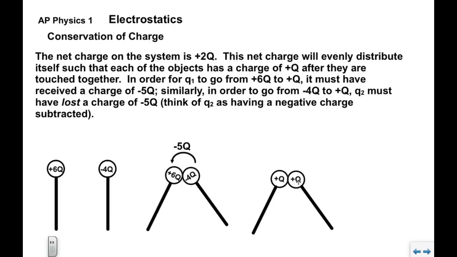So again, we're subtracting minus 5Q, which makes the net on the second object go from minus 4Q to plus Q. So in other words, negative 5Q is transferred from this object to this object, and we end up with a plus Q on each one.